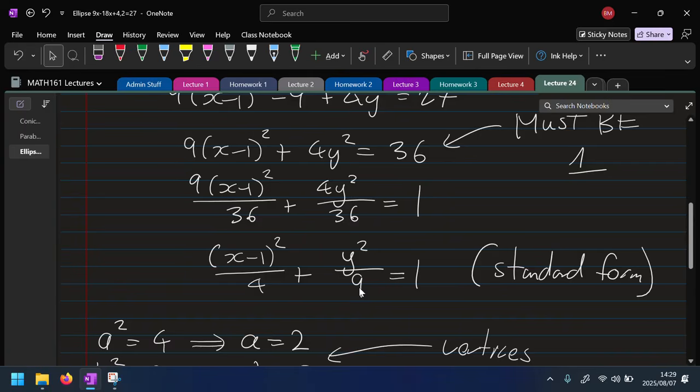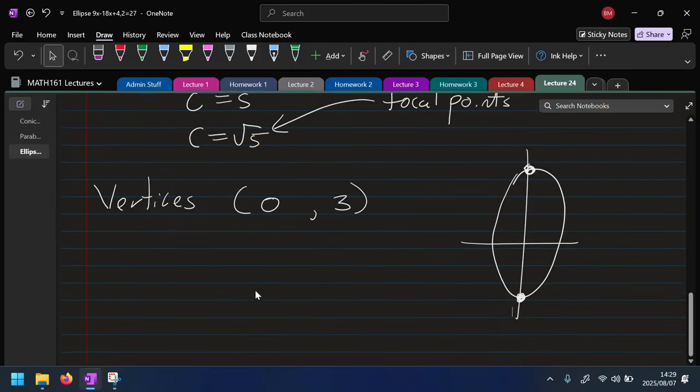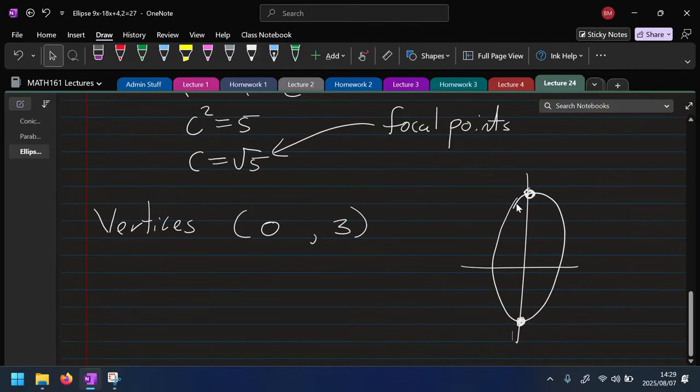I did mention it last time, but I'll say it again. This a squared and this b squared tell you how this ellipse is stretched. If this b squared is larger, it is stretched more along y. If the a squared is larger, then it's stretched along x. It's which way is it longer, basically, the major axis and the minor axis. So we've got that.